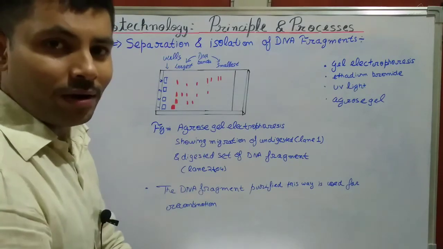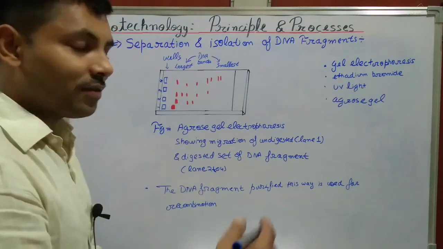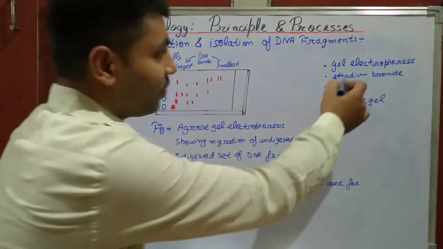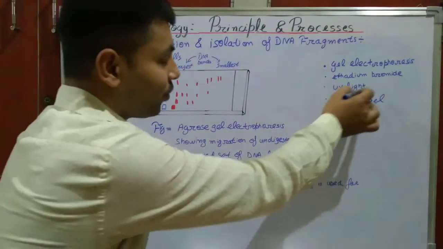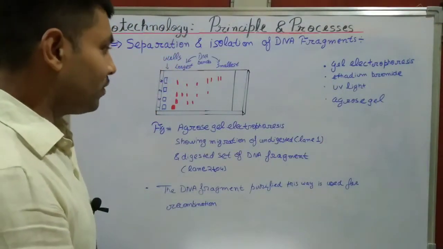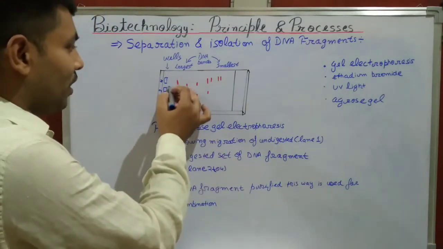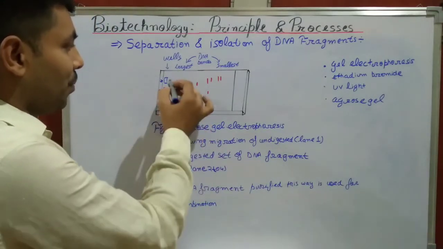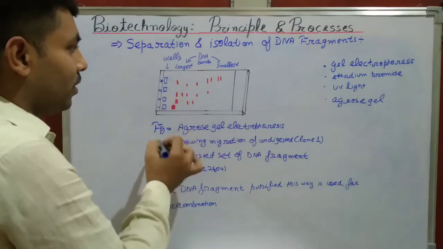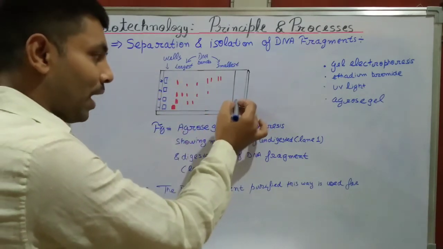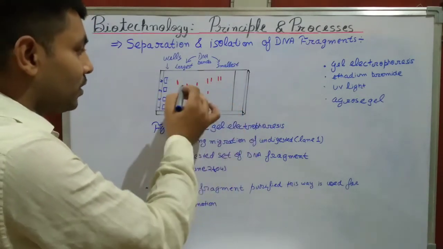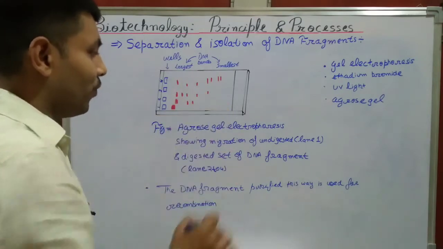Now the fragments which we have seen get stained with ethidium bromide and are visualized under UV light. Okay, it is now clear. See, a well is created here. A sample will be loaded here and an electric field will be applied under the UV light. Then the particles start moving.